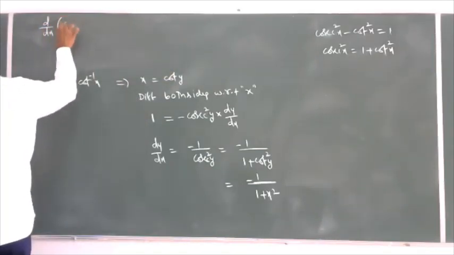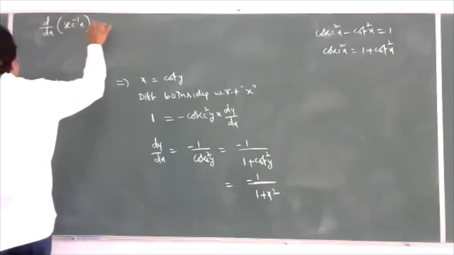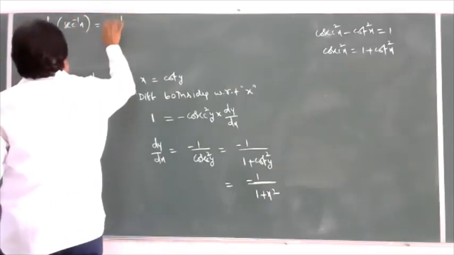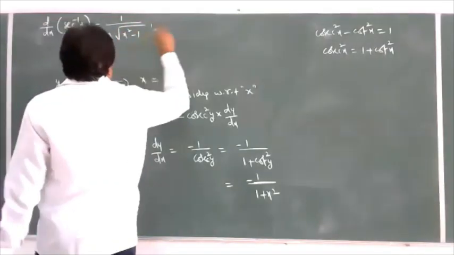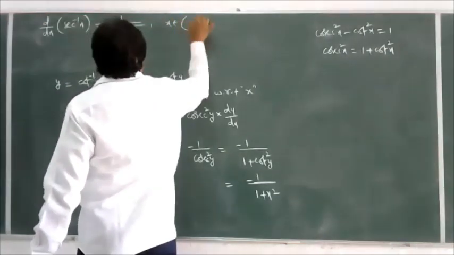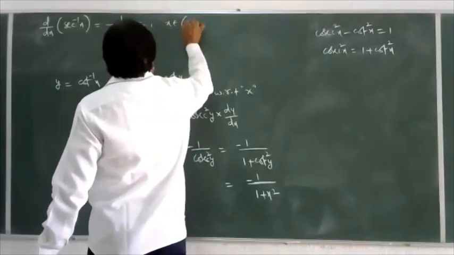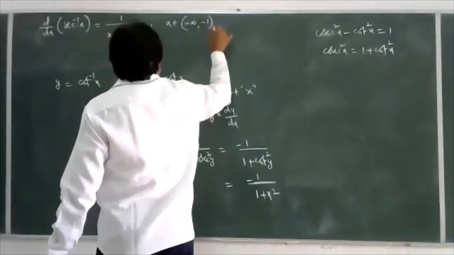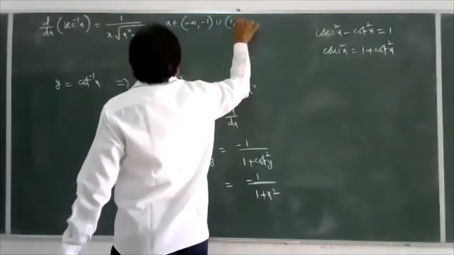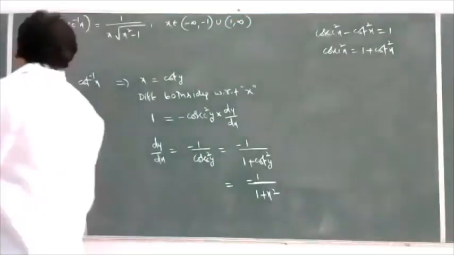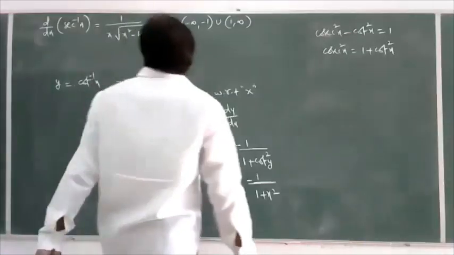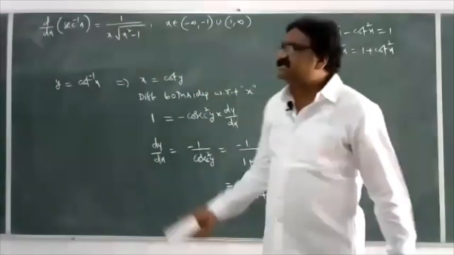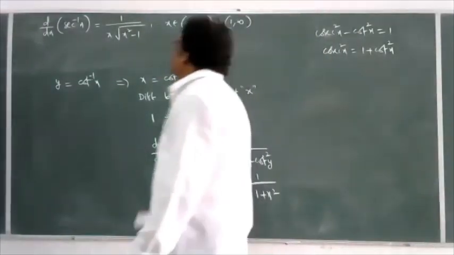So d by dx of secant inverse x is equal to 1 by x into root of x square minus 1, where x belongs to open minus infinity to minus 1 union 1 to infinity. The derivative of secant inverse x is 1 by x into root of x square minus 1.